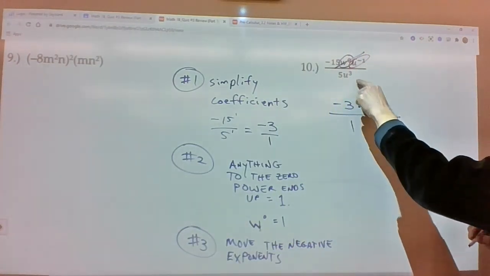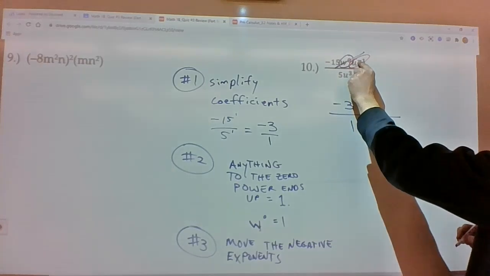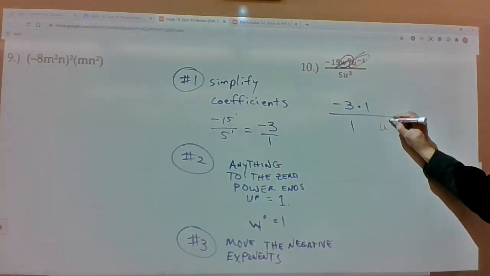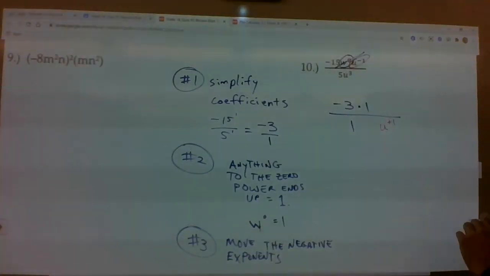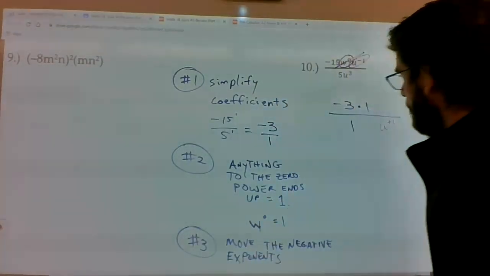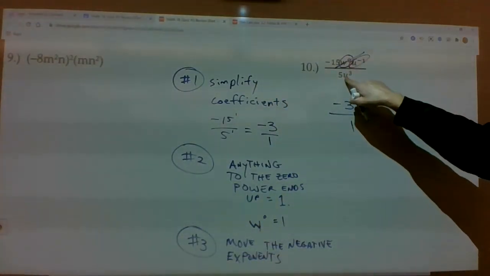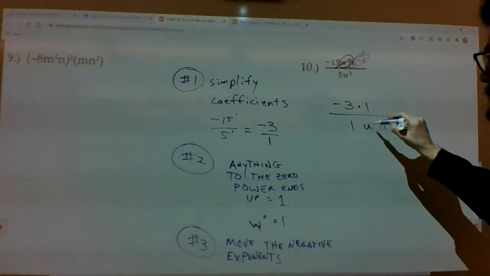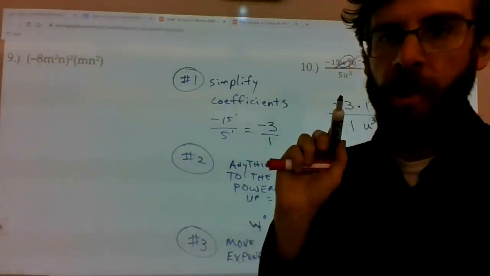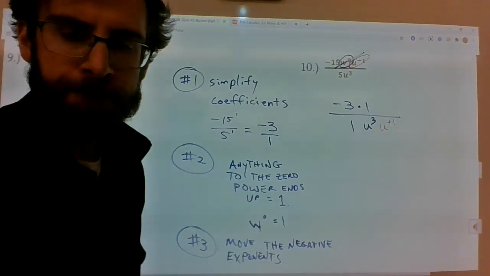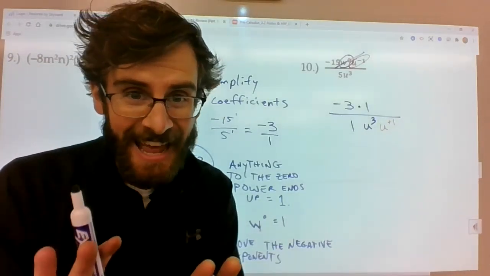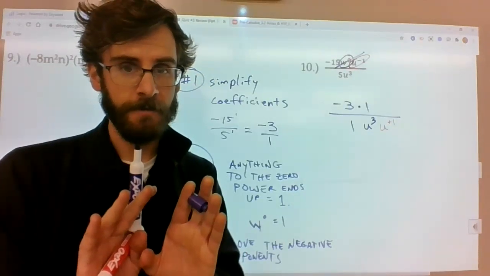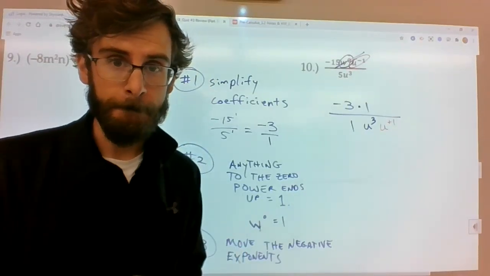Moving it to the opposite part of the fraction changes its sign from a negative 1 to a positive 1. The positive variable expressions should stay wherever they originally were. Okay? So if you're a positive exponent, stay. If you're a negative exponent, move.